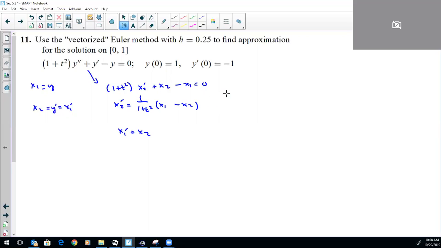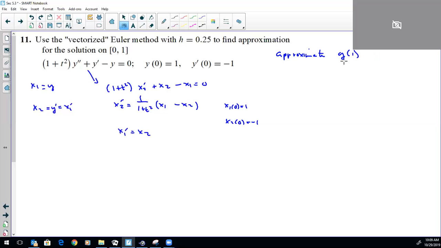Okay, let's see, x1 of 0 is 1, and x2 of 0 is negative 1. Now what we want to figure out is, we're trying to approximate y at 1.